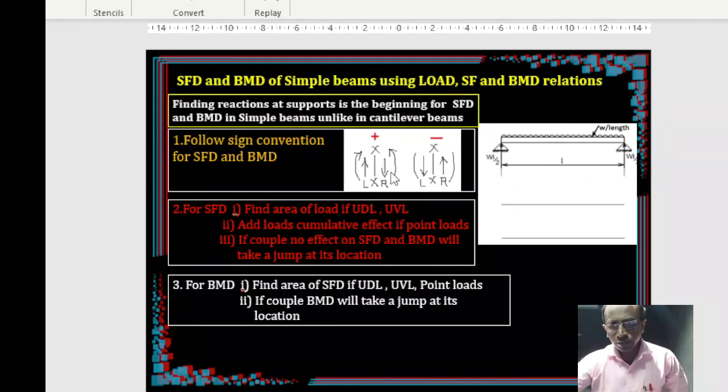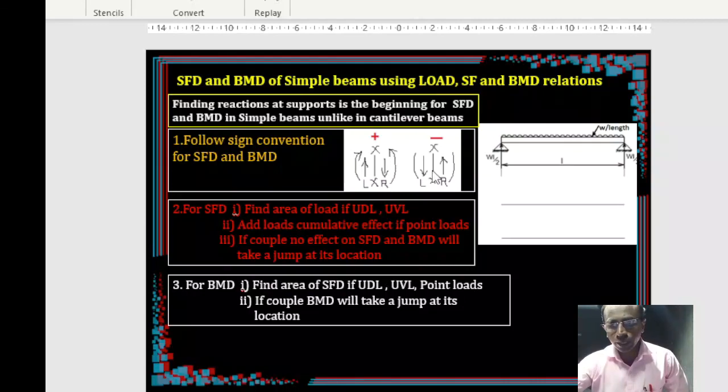Now you follow the sign convention as I told you earlier. When you are on the left of the section, upward forces are positive. When you are on the right of the section, downward forces are also positive. Similarly, as far as moment is concerned, left of the section, clockwise moments are positive. Right of the section, anticlockwise moments are positive.